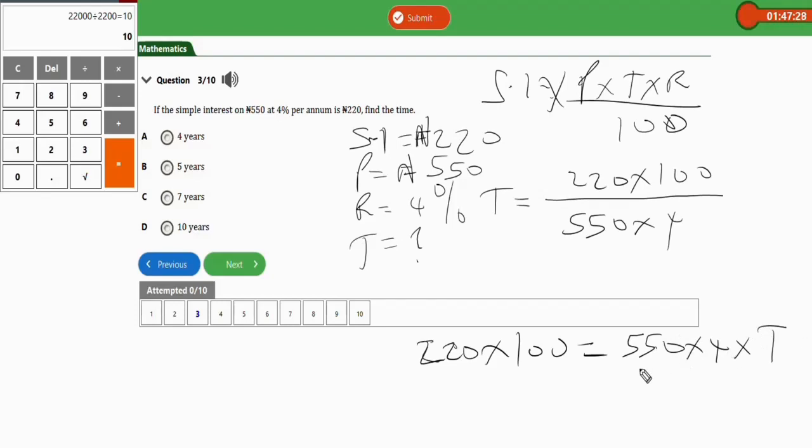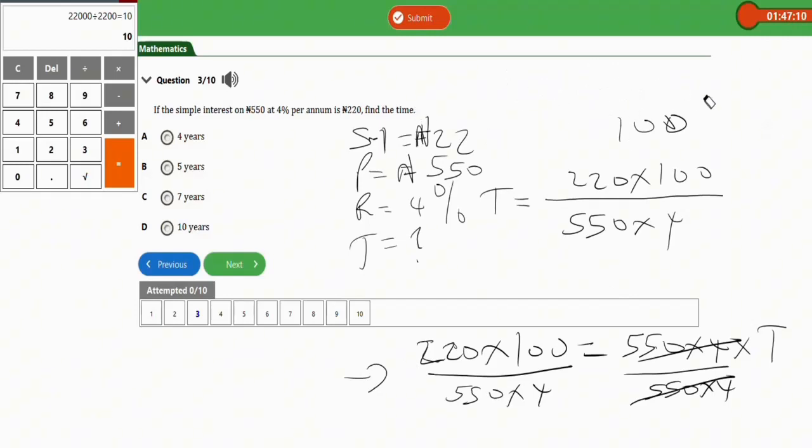To make t the subject of the formula, divide both sides by 550 times 4. That's basically what I did. This will cancel this, so t will be this output. That's it for this question. Let's wipe this and solve the next question.